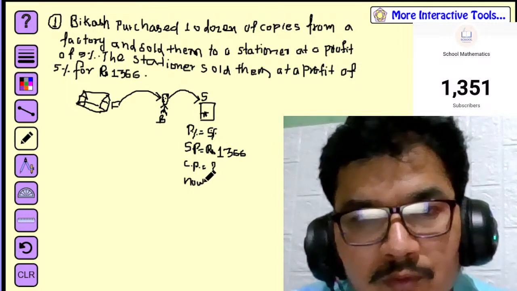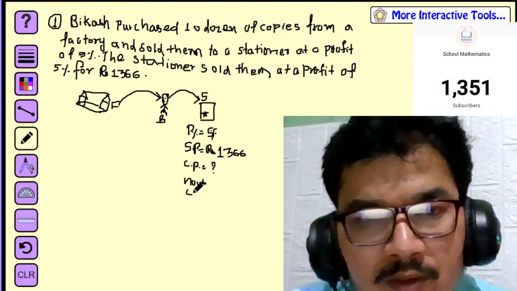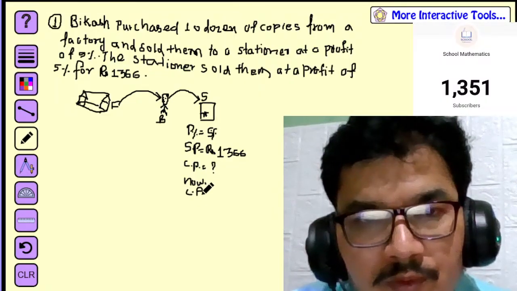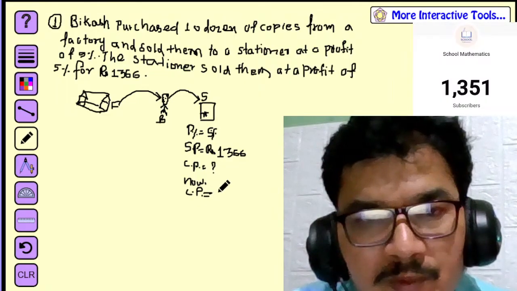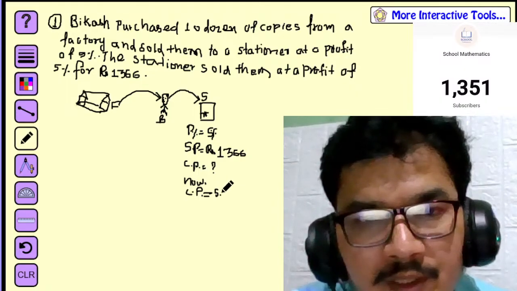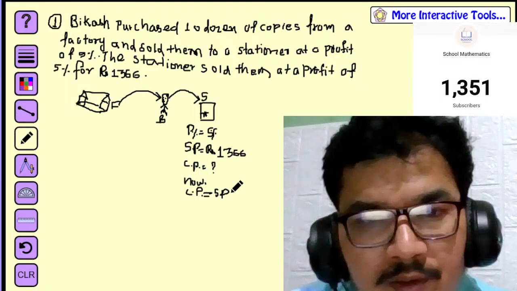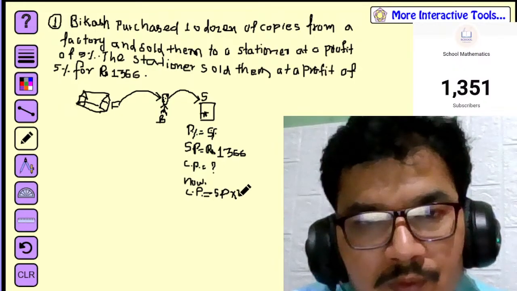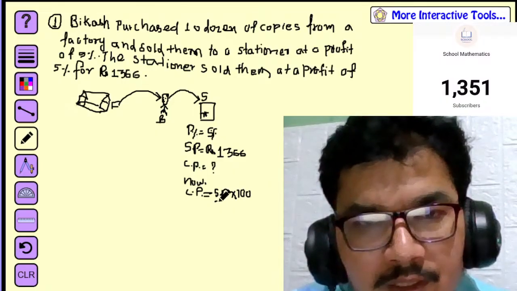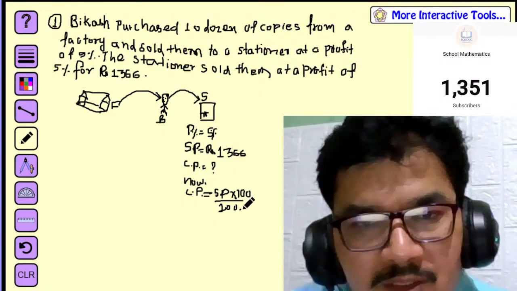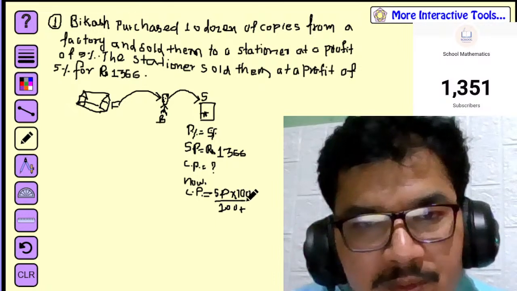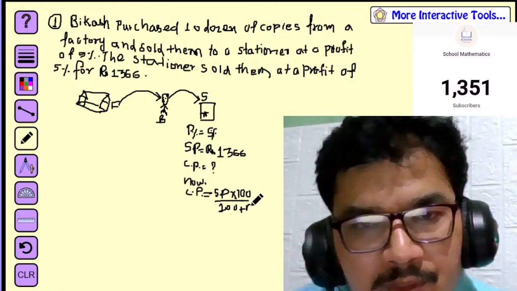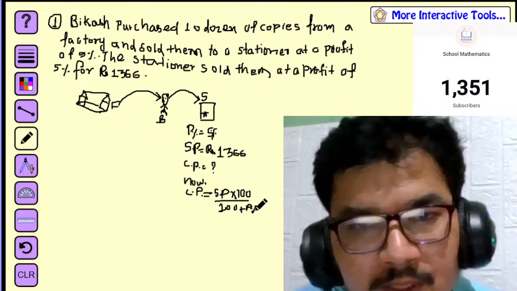Now to find this CP we need to use this formula. CP equals SP into 100 by 100 plus profit percent. If loss percent, then minus loss percent, but here profit percent is given.